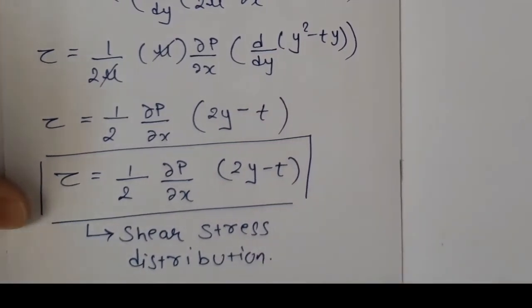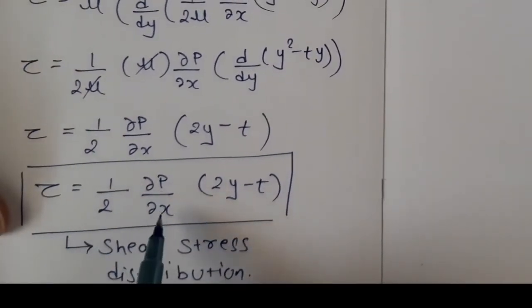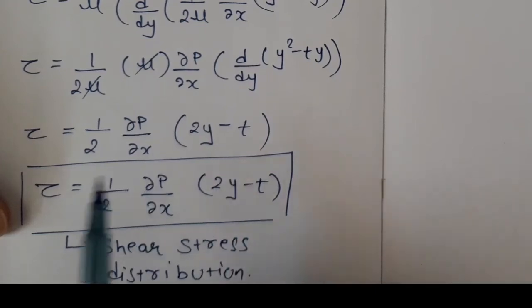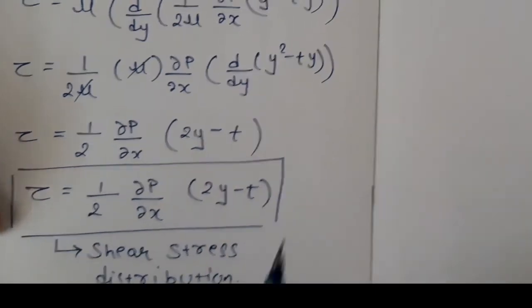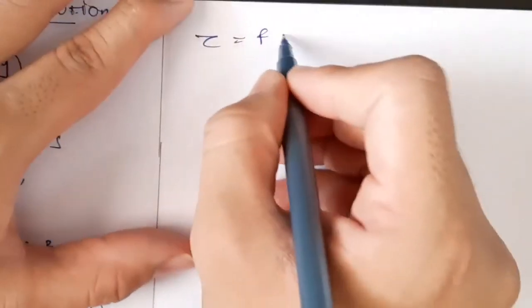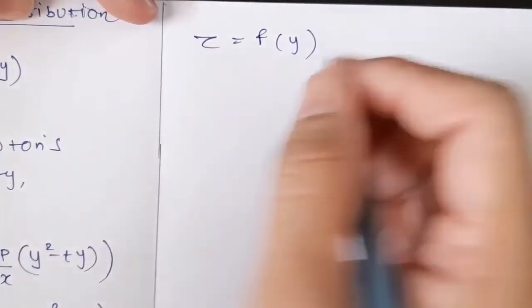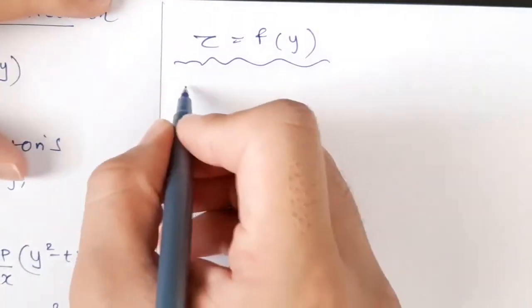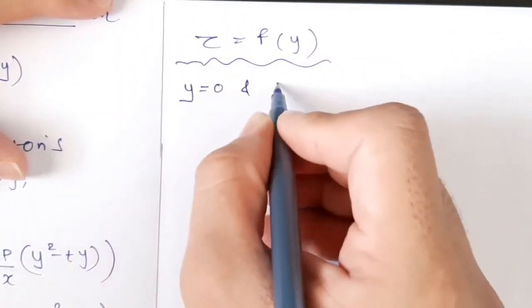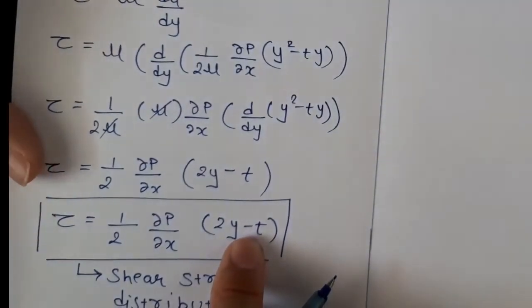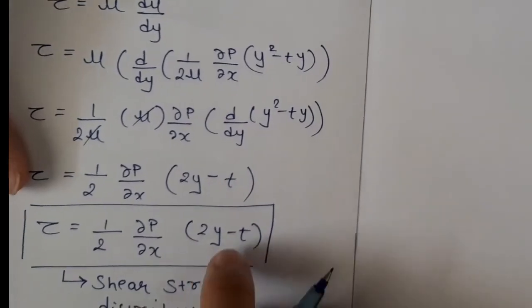Here we can see del p by del x is constant and 1 by 2 is also constant. So tau is a function of y, and the degree of y is 1, so the graph of tau versus y will be linear. That means, putting y equals 0 in this equation, we get tau equals tau max.